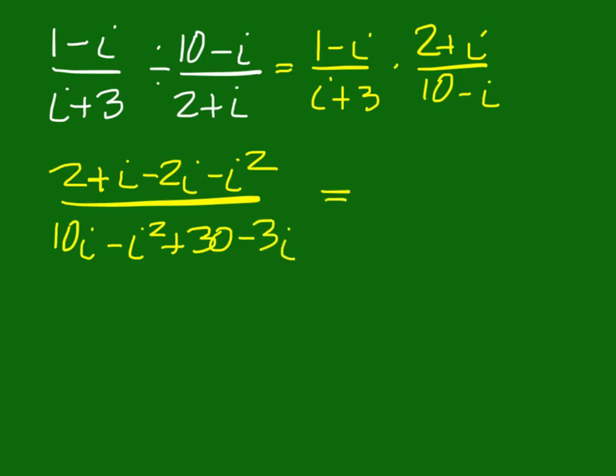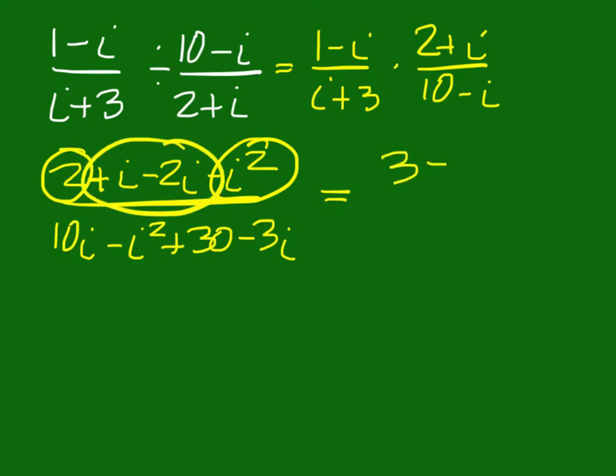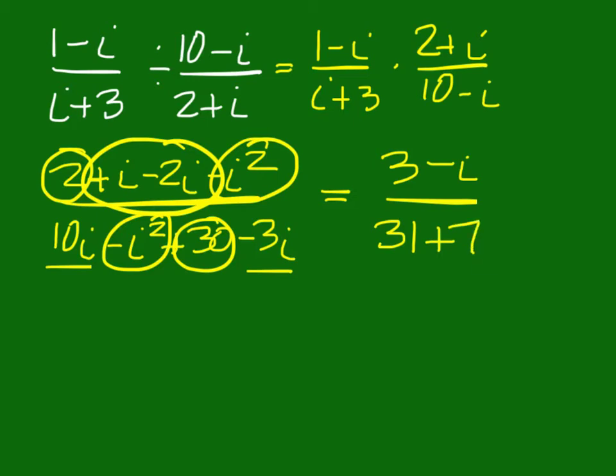On the top, this is a plus 1, and with the 2 becomes 3. The middle simplifies to minus i. And then on the bottom, we have plus 1 and 30. That's 31. 10i minus 3i is 7i.